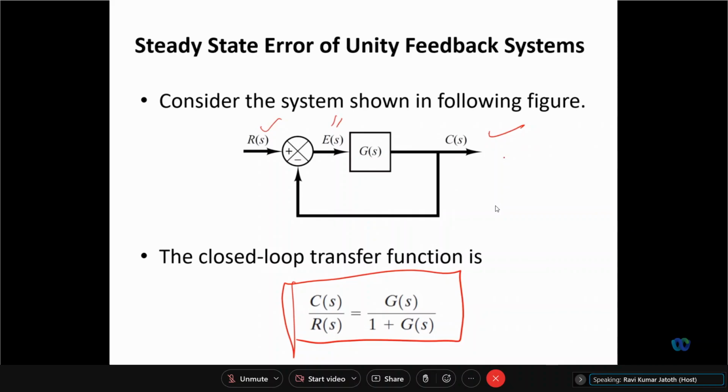So we are going to the steady state response. How do we define it? Steady state response is defined as limit s tends to 0 of s E of S. But to get E of S, what can you do now? E of S is R of S minus C of S, and C of S is E of S into G of S. Correct, no?